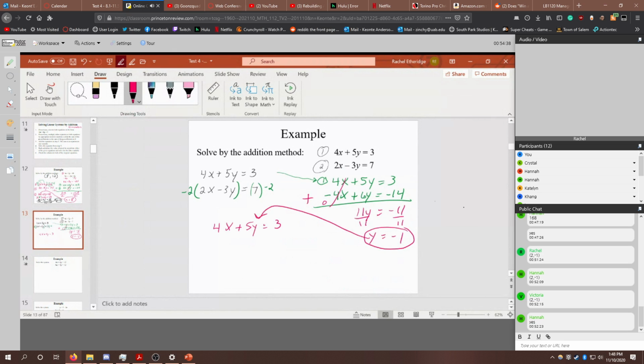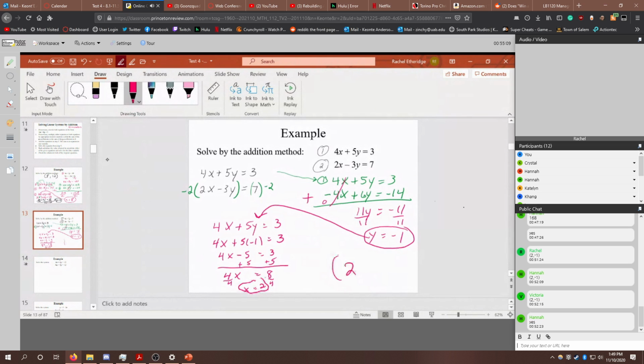And so I'm going to plug in -1 for y. So 4x minus 5 equals 3. Add 5. So x equals 2. So I got -1 as well.